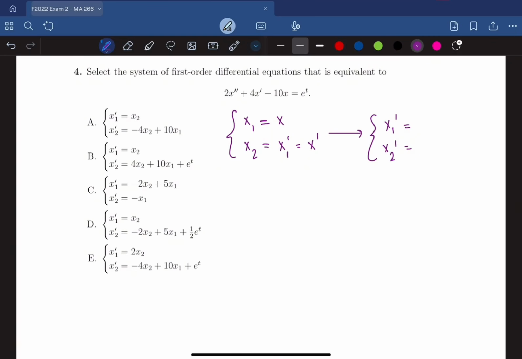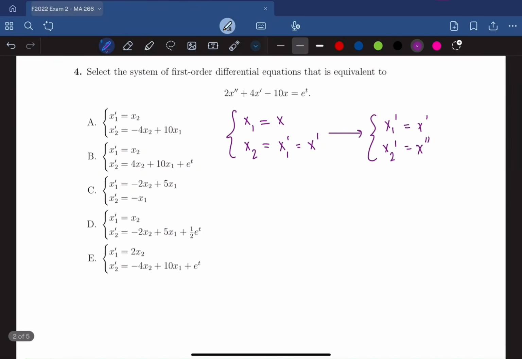Since x1 is x, then x1 prime is going to be x prime. And since x2 is x1 prime, which is x prime, then x2 prime is going to be x double prime. So let me say that again. Since x2 is x prime, then x2 prime is going to be x double prime.